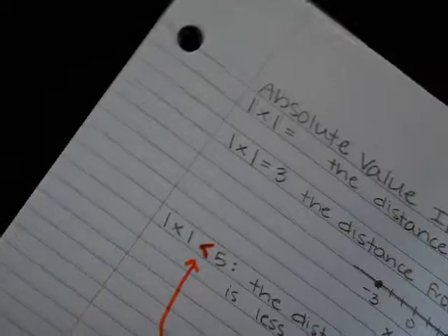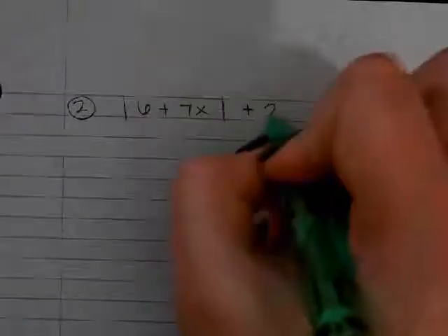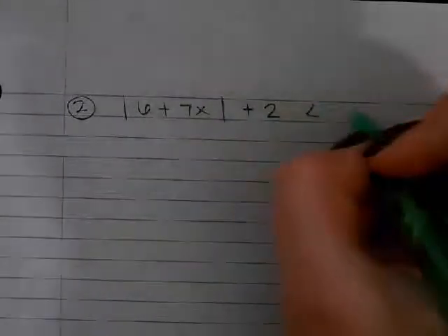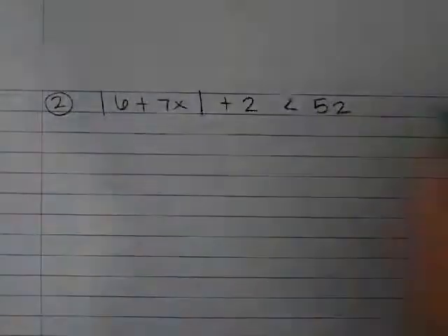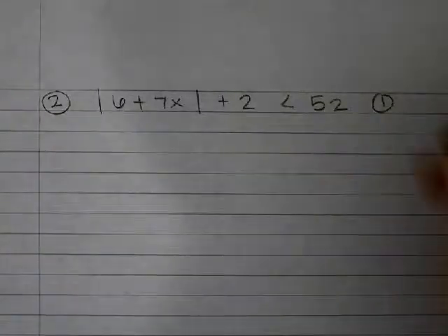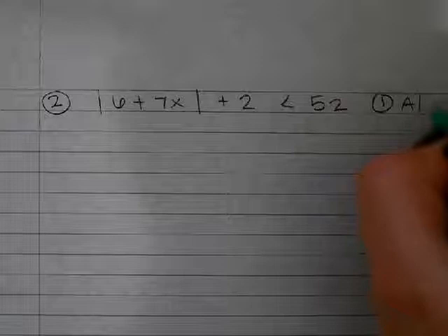All right, this one says absolute value of 6 plus 7x plus 2 is less than 52. So first, is there something we can add or subtract over to the other side? Yes, we can subtract the 2.